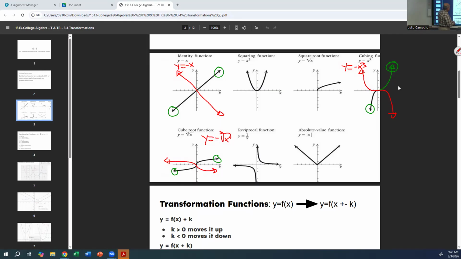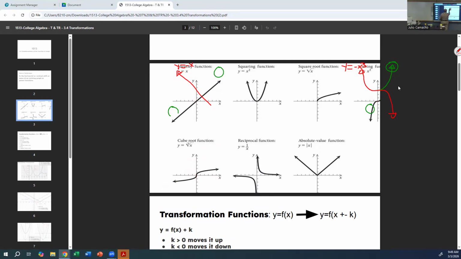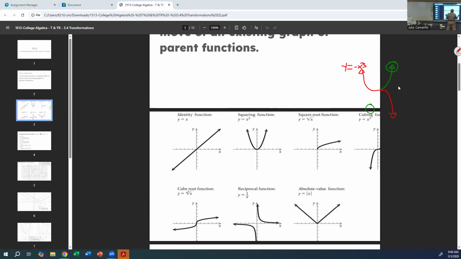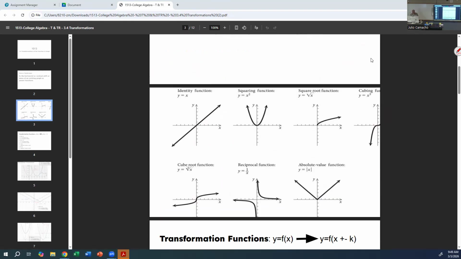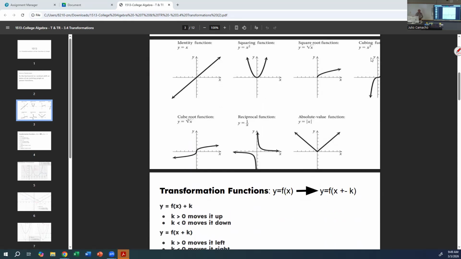So let's talk about even functions. Let me rise this up again. When we talk about the even functions, all these are positive. But you have, for example, y is equal to the negative x squared.